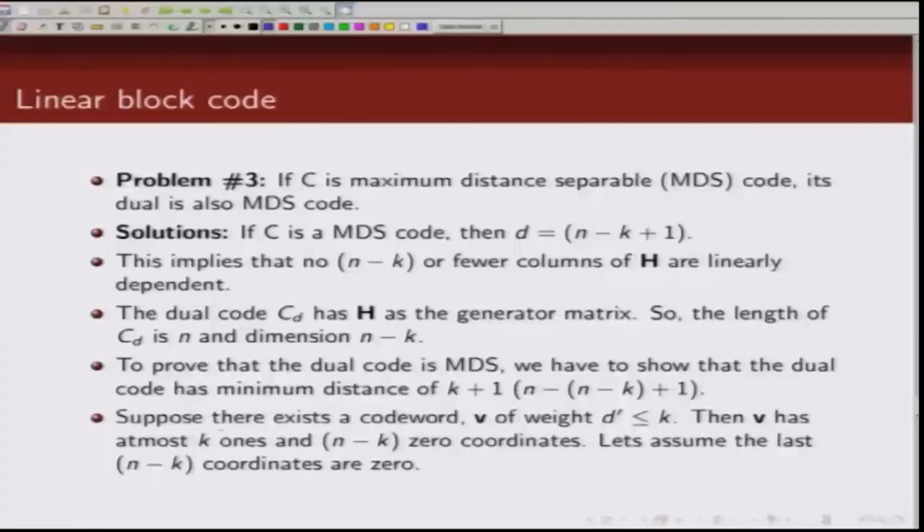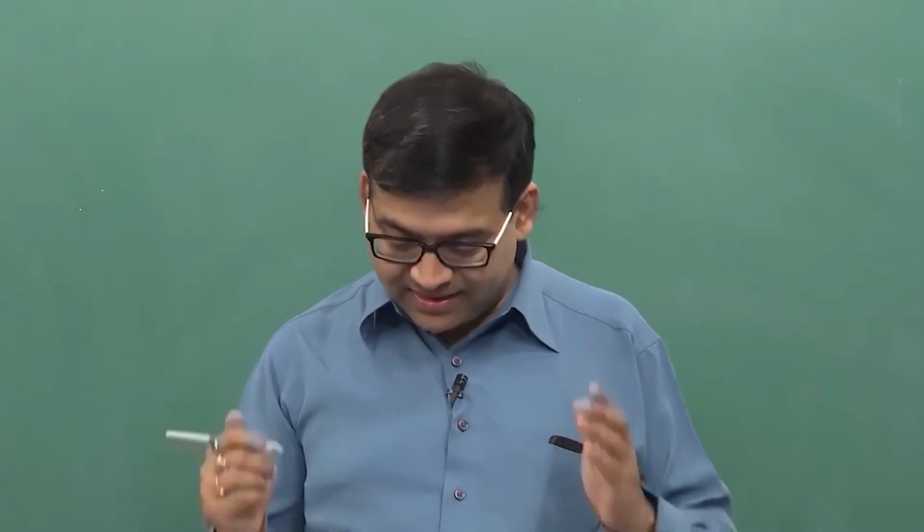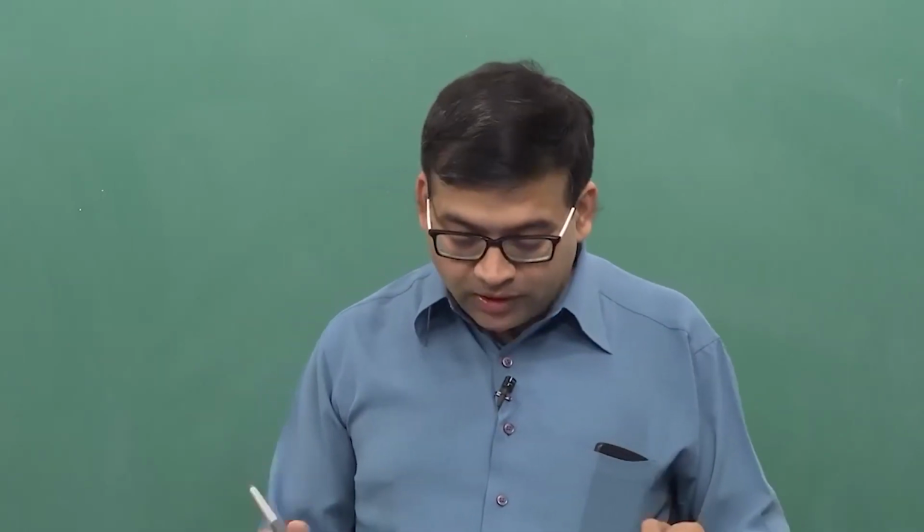As we said, in the method of contradiction, we will first assume that there exists a code word of weight less than k plus 1. So, we assume that there exists a code word v of weight d prime, which is less than or equal to k. Now, if there exists a code word of weight less than or equal to k, what does it mean?